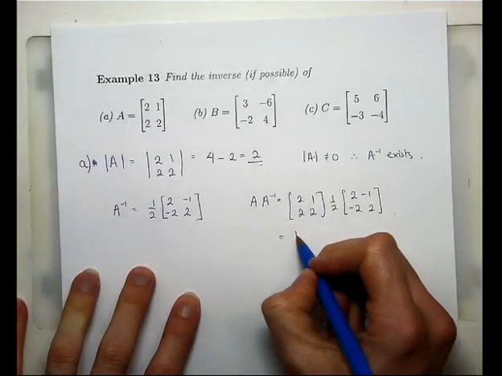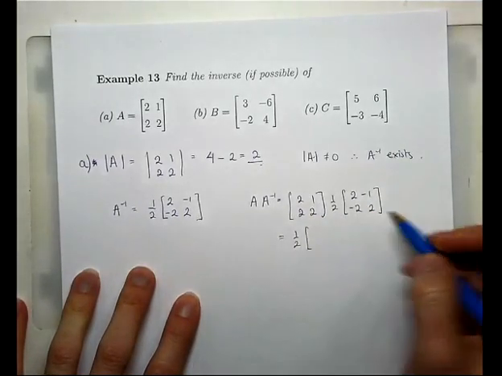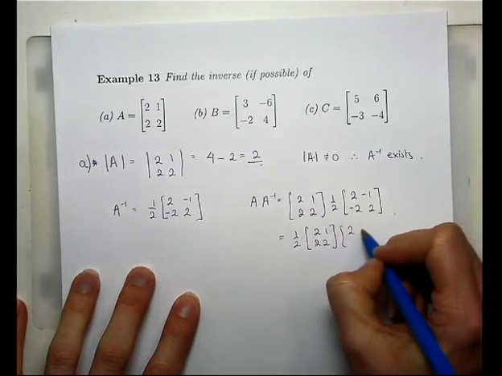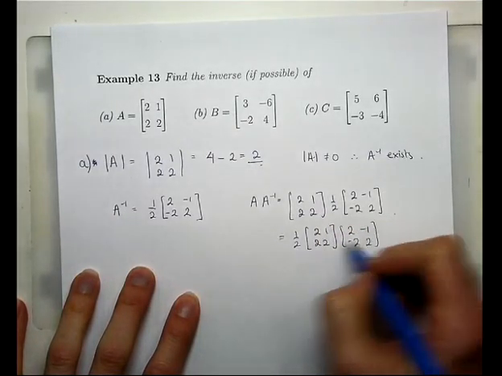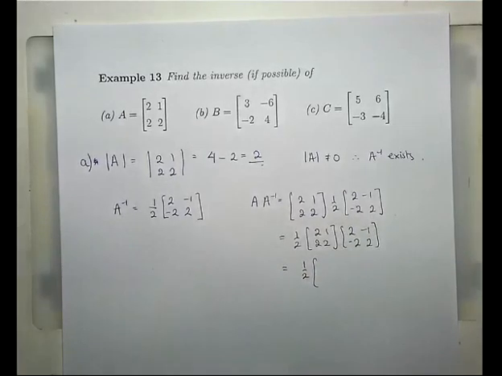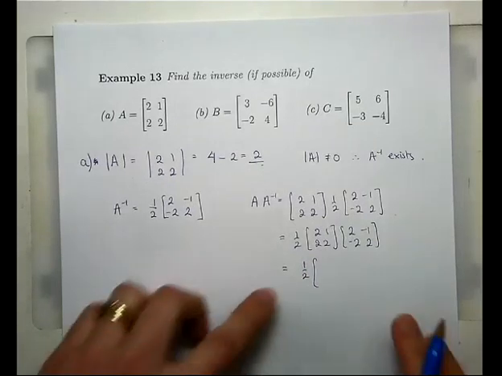So I can take the 1/2 out the front, multiply these two matrices together, and then put the 1/2 back in afterwards, and then I won't have to multiply and add fractions. You'll get the same answer, it's just a little bit easier this way.